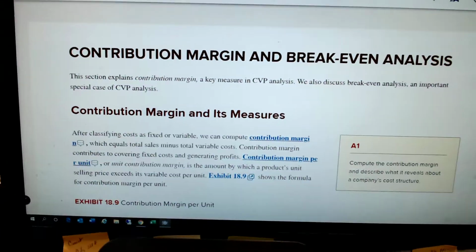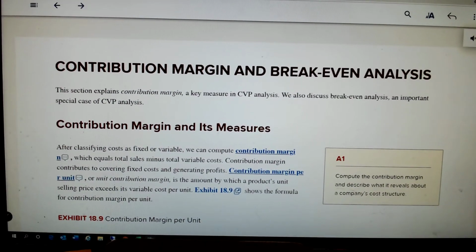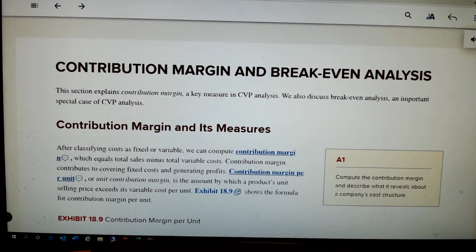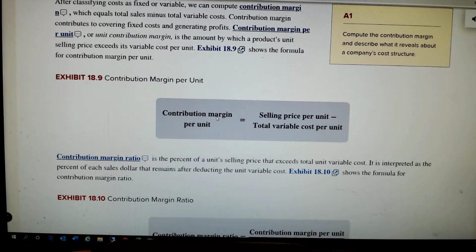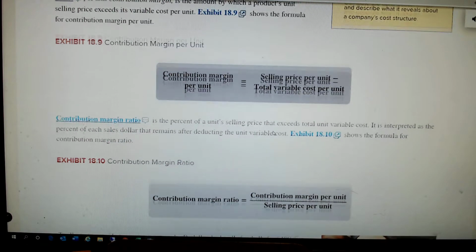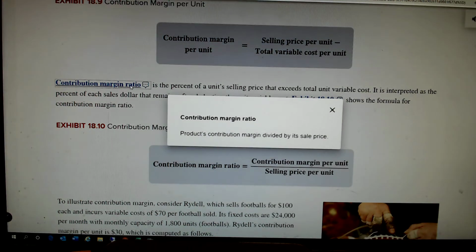Let's go back to the text and see what we're looking at here. This is what they're talking about. Contribution margin and its measures. The contribution margin per unit is its selling price per unit minus the variable cost per unit. It's what you get to keep after covering the cost of that unit. But you haven't covered any fixed costs yet. Contribution margin ratio is simply the contribution margin divided by its sale price.